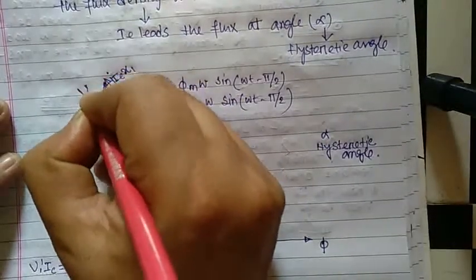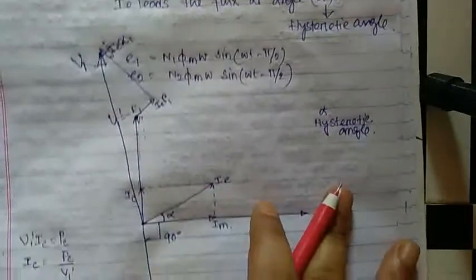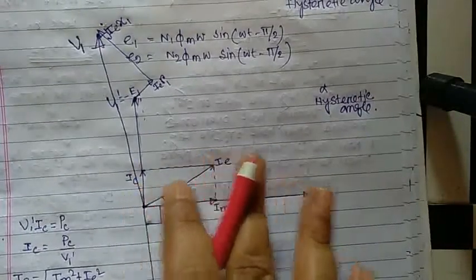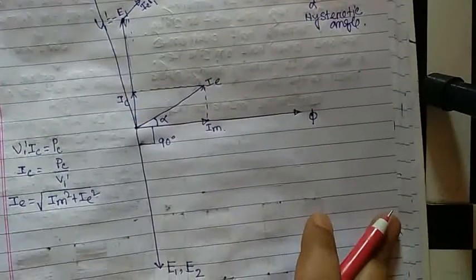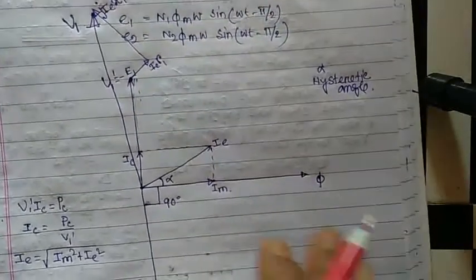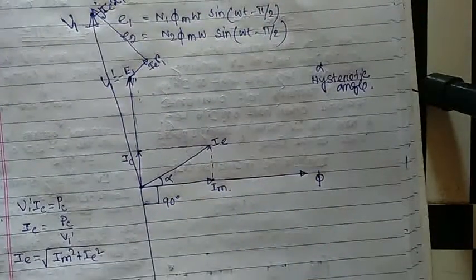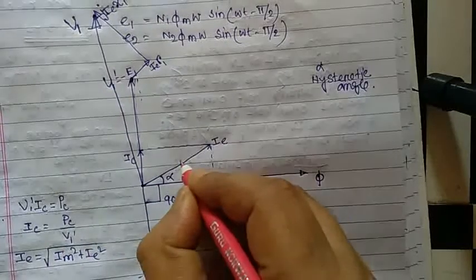Now V1 prime plus IE R1 drop plus the reactive drop gives the total source voltage, that is V1. Okay, so this is the phasor diagram of a single phase transformer at no load condition. Again, one thing you have to know is that the primary leakage flux, suppose phi L1, is always in phase with the exciting current.